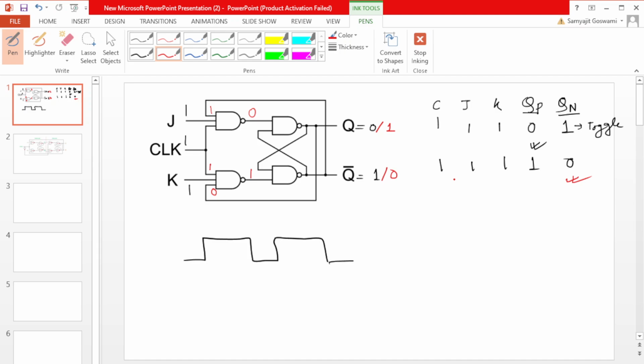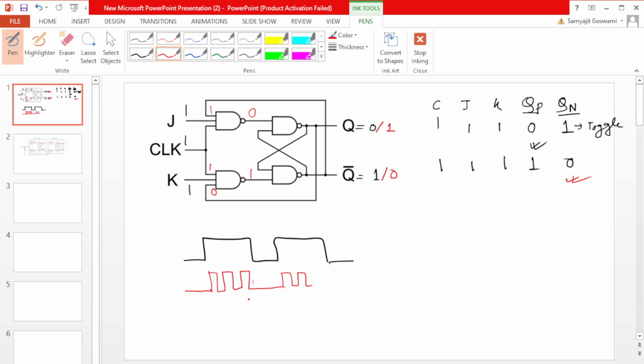So the problem is that after applying the clock pulse, J and K continuously toggle the output within this clock pulse. After completing the full clock period, again it will be the same.